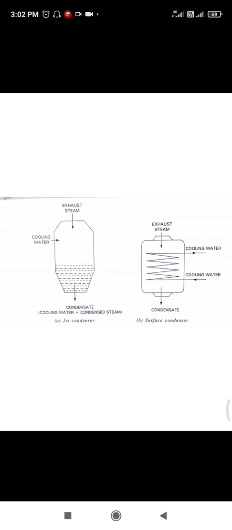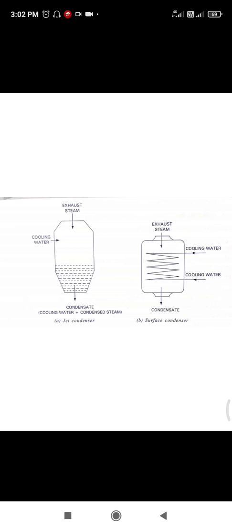Once again, I will explain the difference between jet condensers and surface condensers. In jet condensers, water and steam are in direct contact, whereas in surface condensers, water and steam are not in direct contact. That's why jet condensers are known as the direct contact type, and surface condensers are known as the indirect type.